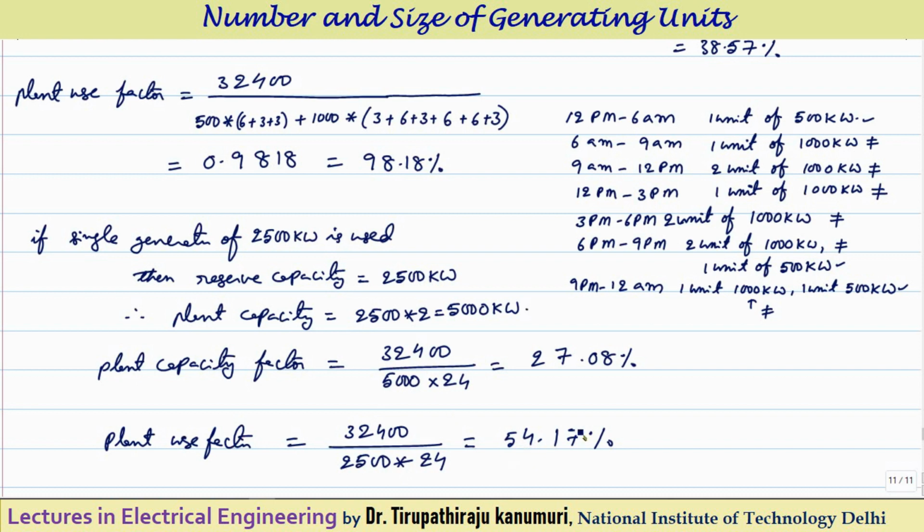You can see that it increased from 54.17 percent to 98.18 percent, because the plant use factor or plant capacity factor indicates, for the investment you have made, how much is the utilization, because accordingly the unit cost will be decided. You can see that it is drastically improved by going for smaller units.